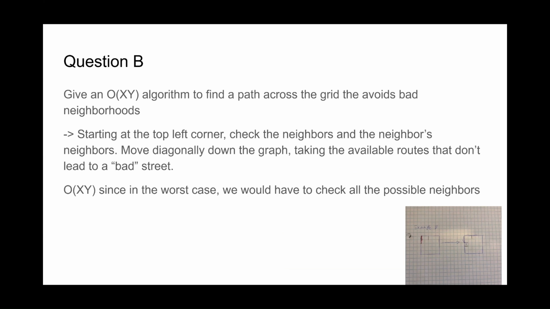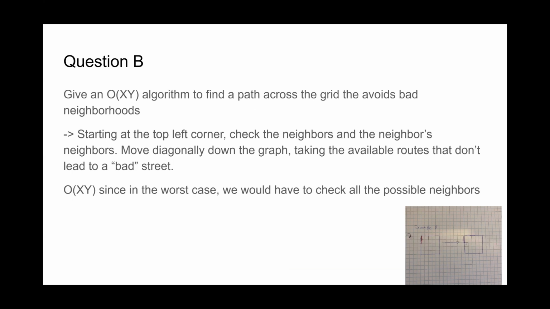Now for question B, an algorithm to find a path across the grid while avoiding bad neighborhoods. We went with our answer is starting at the top left corner, check the neighbors of that intersection, and then check the neighbor's neighbor, essentially all the intersections two over from your starting position, and then moving diagonally down the graph where you can, so long as you won't end up in a bad street.